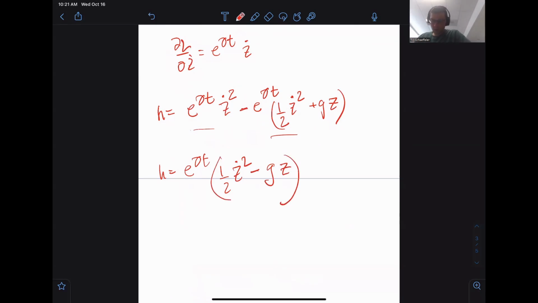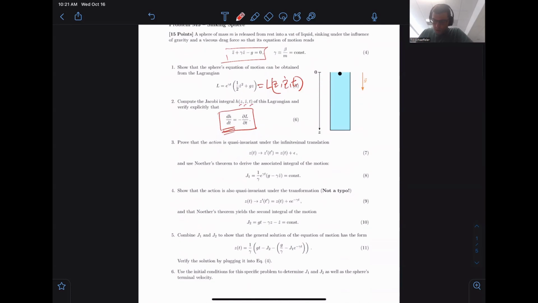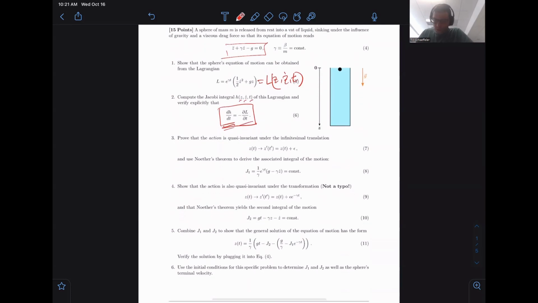Okay, now we have to take the complete time derivative of that and show that it's equal to the partial time derivative of the Lagrangian.